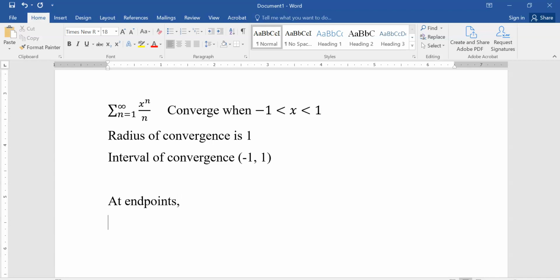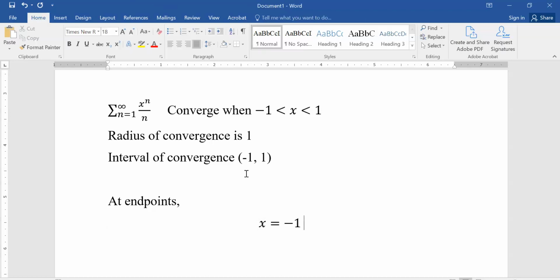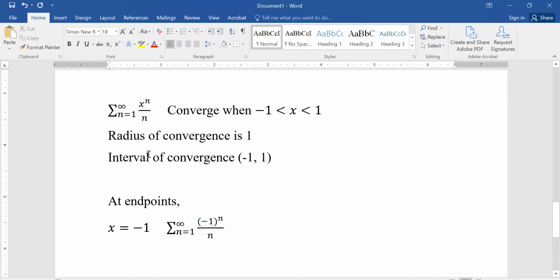So at the endpoints, let's say we plugged in x as -1 into our series. Well, this is an infinite sum of -1 to the n over n. That's an alternating series.